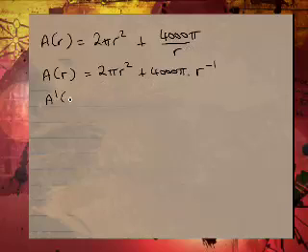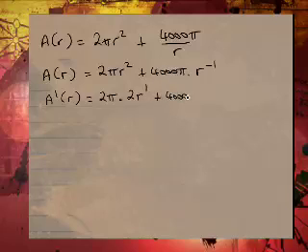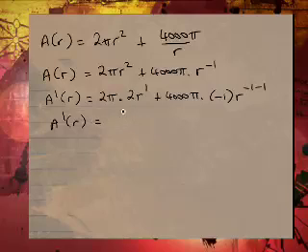So we get the derivative. What is that going to be? 2 pi multiplied by, think of that as x squared, it's 2 r to the 1. Keep the 4,000 pi, and we have minus 1 r to the minus 1, subtract 1. This gives you 4 pi r minus 4,000 pi r to the negative 2.